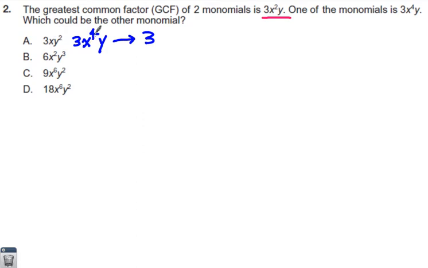Remember, with GCF, you go with the smaller of the two exponents. So that would get you an x, and then comparing y to the second and y to the first. So the overall GCF, if you were going with option A, would be 3xy, and that does not match.